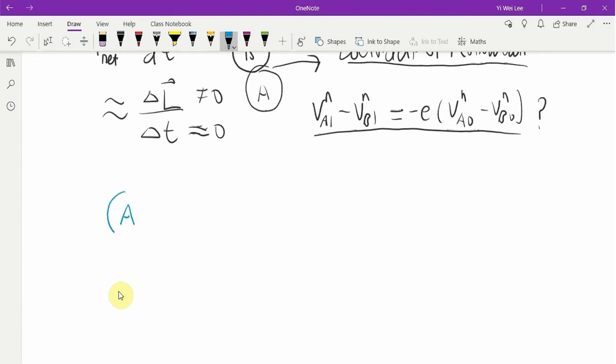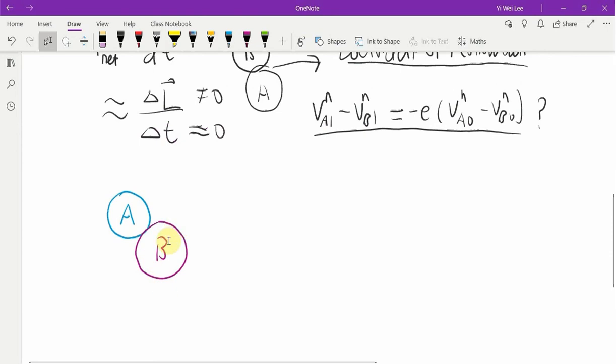Let's say I have particle A, and let's say I have particle B, and particle A and particle B collide at this very point here. Before collision, particle A definitely has a velocity, and particle B definitely has a velocity.